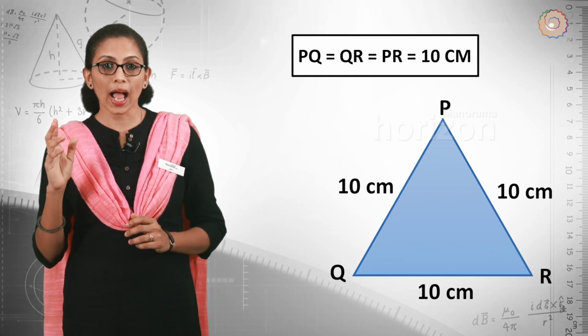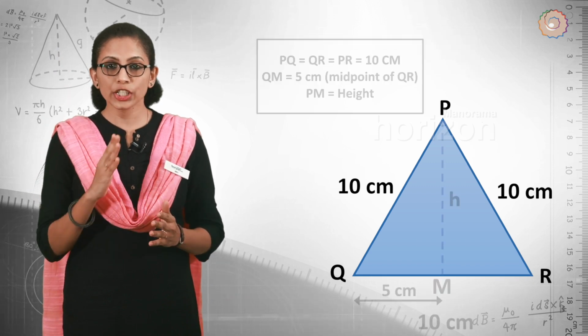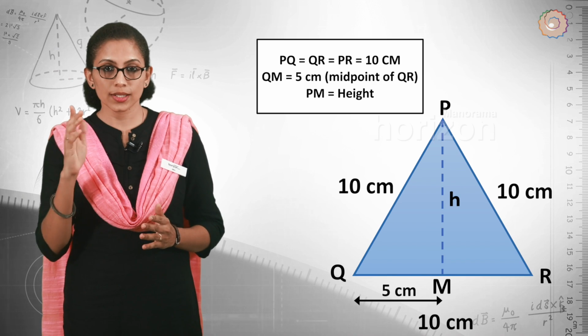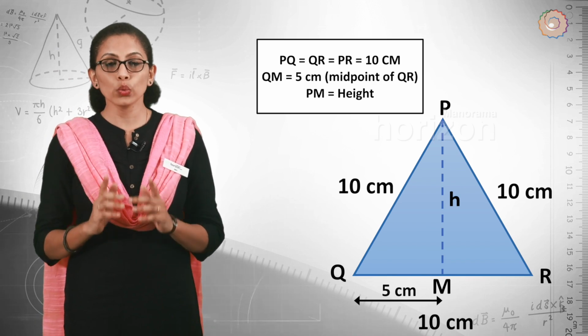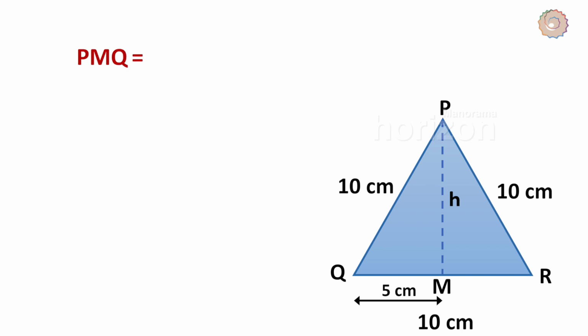Next, find the height by taking the midpoint of QR as M and joining it to P, so that we get QM is equal to 5 cm. Now, PMQ forms a right angled triangle. Now, we have to use the Pythagoras theorem to solve for length PM and then find the area.